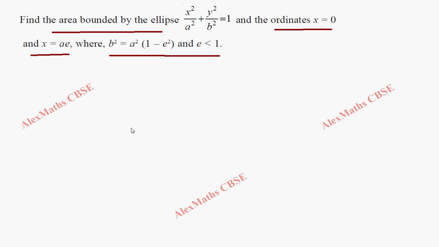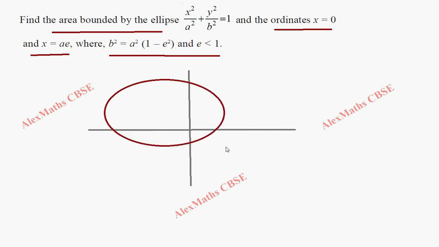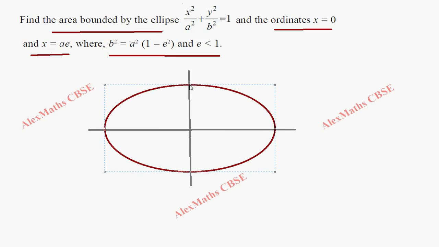Let's take the small diagram. We have x-axis and y-axis and we have the ellipse. Now the ellipse has the center at the origin. So let's mark 0, 0 here, and the end point on the right hand side is a, 0.